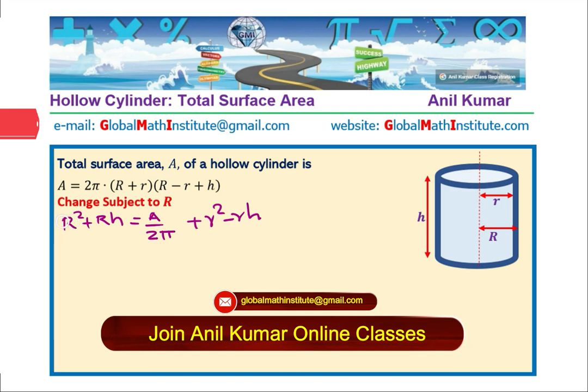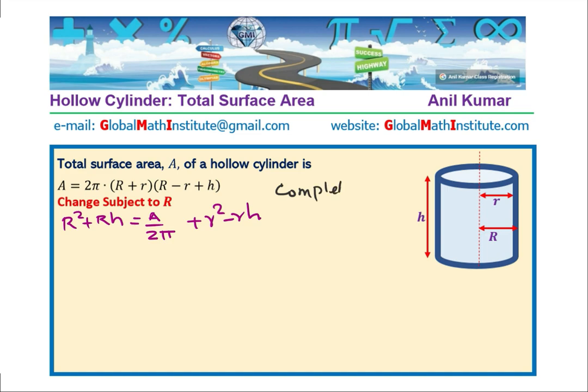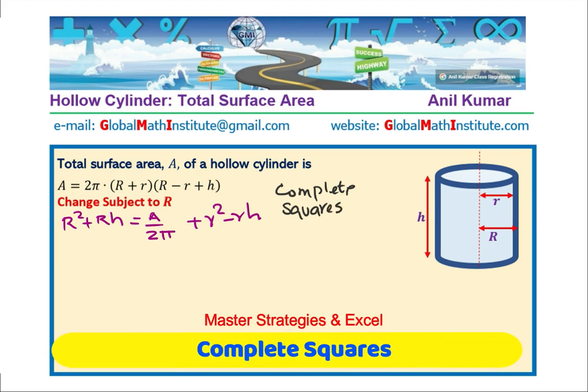To isolate capital R, we can complete the square. So the method adopted will now be completing the square. To complete the square, we take the coefficient of capital R, which is h, take half of it, and square it, adding to both sides.